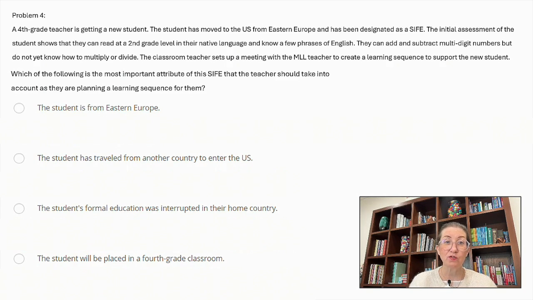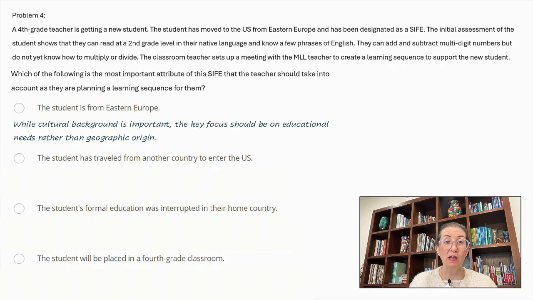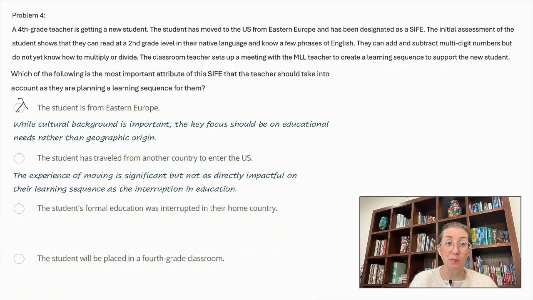The student is from Eastern Europe. While cultural background is important, the key focus should be on educational needs rather than geographic origin, so we can eliminate that. The student has traveled from another country to enter the United States. The experience of moving is significant, but not as directly impactful on their learning sequence as the interruption in education.